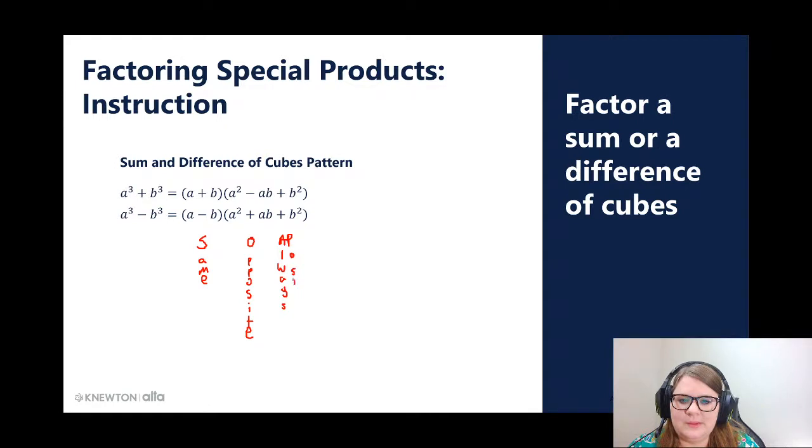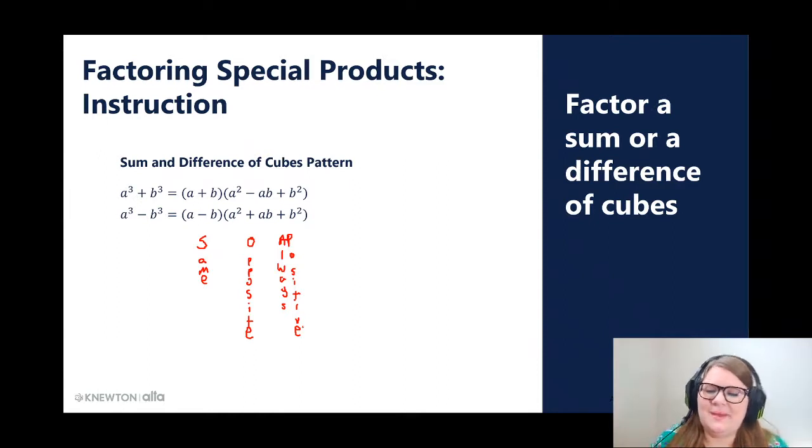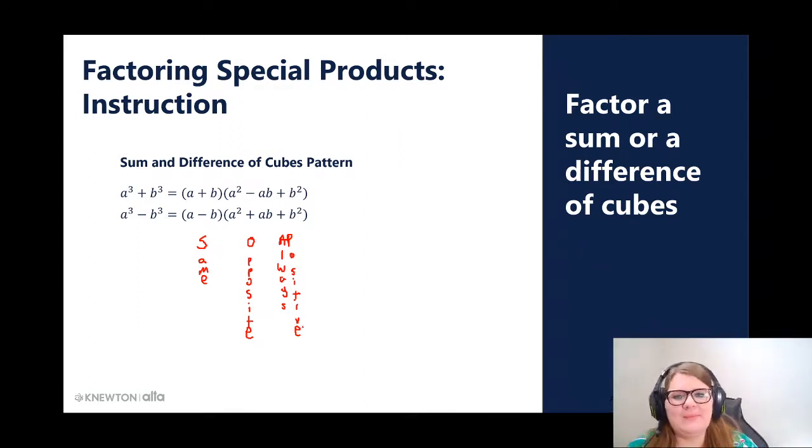All right, I do realize that that's kind of hard to read, so I totally understand if you need to rewind and listen to this again, but I'll say it one more time here too. Same, opposite, always positive. SOAP. All right, now what do I mean by that? Well, if you look here, with a plus, the same sign is plus, the opposite sign is minus, and the always positive sign is positive.